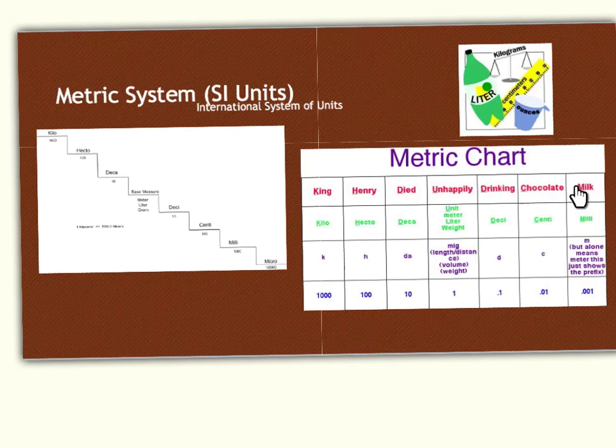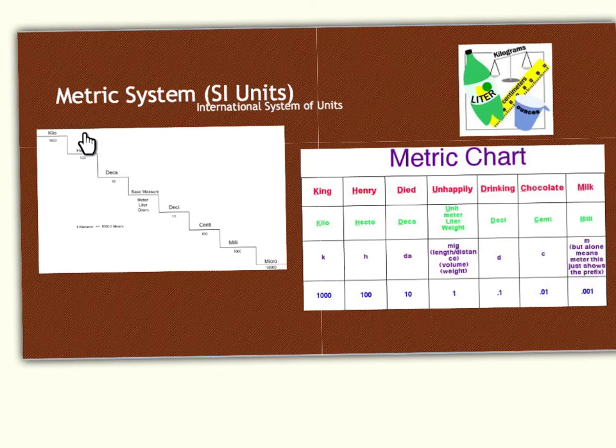So that's how you remember, and that's the most important part of the metric system, the order that it goes in. Because each of those letters stands for one of the metric units. So kilo, hecto, deca, the base unit, meters, grams, liters, deci, centi, and then milli is your smallest unit.